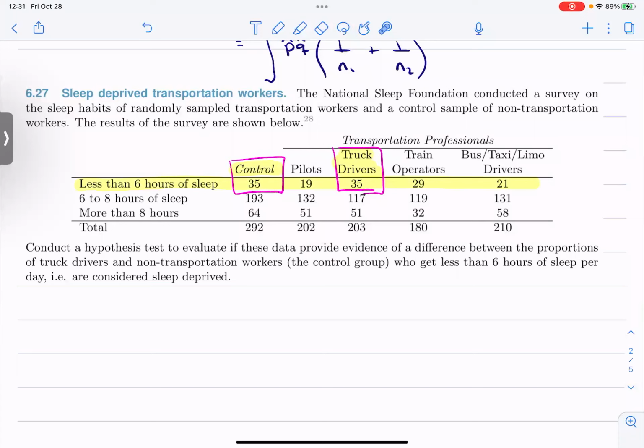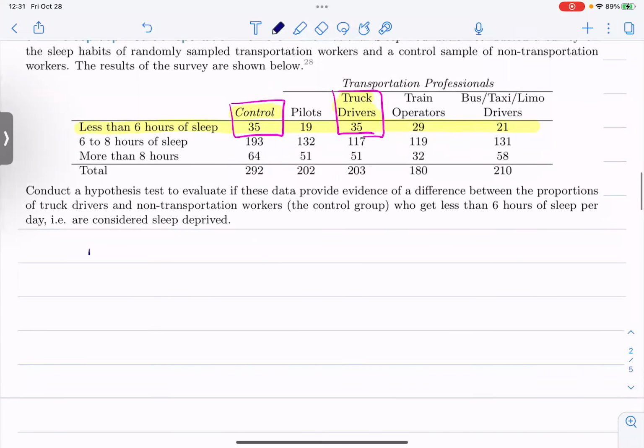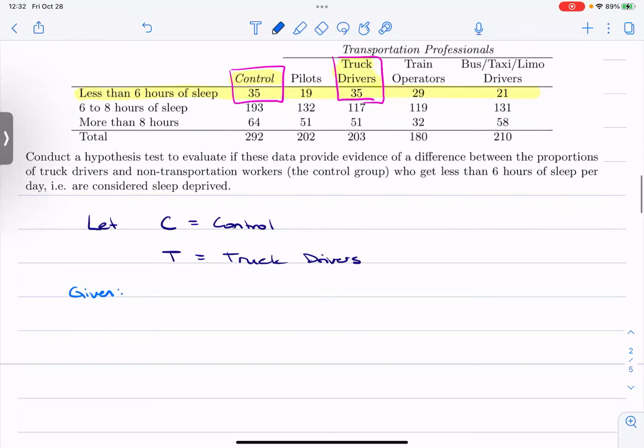So let's jot down all the information that we've been given. And I'll develop some notation here. I'm going to let C be the control and T be the truck drivers. What we've been given is the number of successes in the control group is 35.